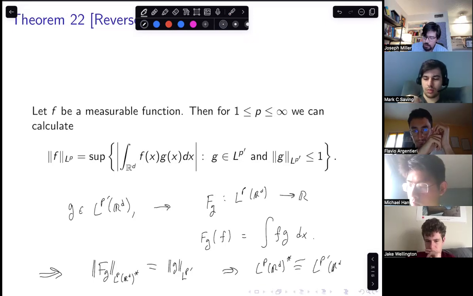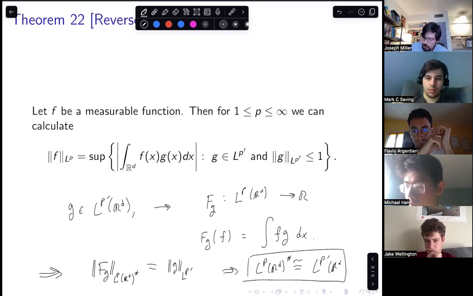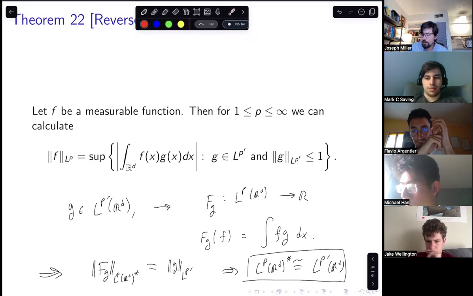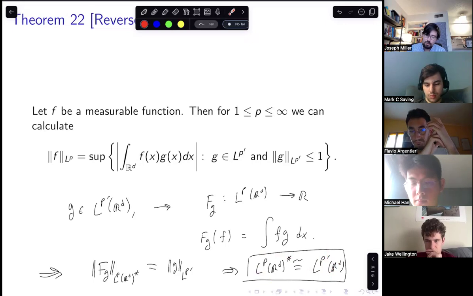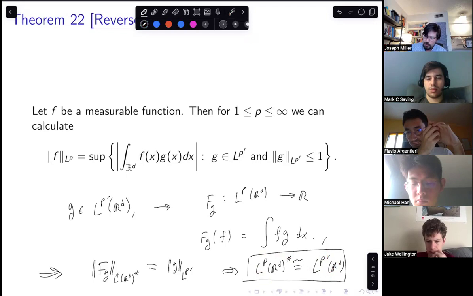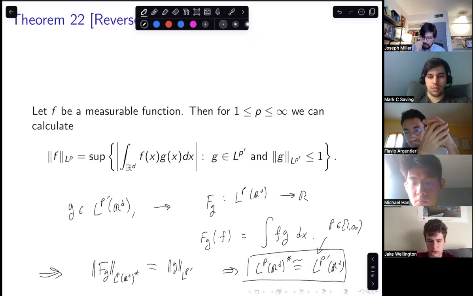These are isometric. This is the functional analytic way to view it. I can measure things in LP, and I can do this. One of the things though is there's some argument that fails for P equal to infinity. So here I need P between 1 and infinity, but not including infinity. But this theorem works in general.